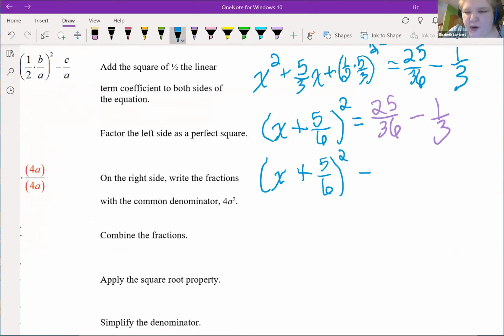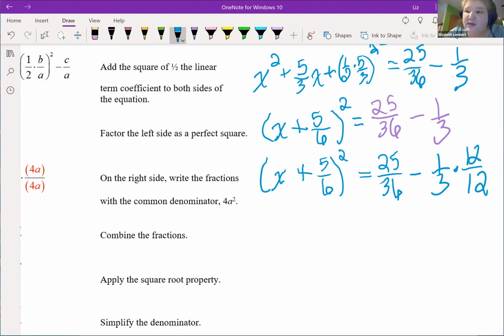So we still have our squared form. Still have the 25 over 36. But now the number I'm missing here is 3 times 12 would get me to 36. So it's 12. But I want to multiply the bottom by, thus, I also multiply the top by 12. 4 times our original a number was 3.